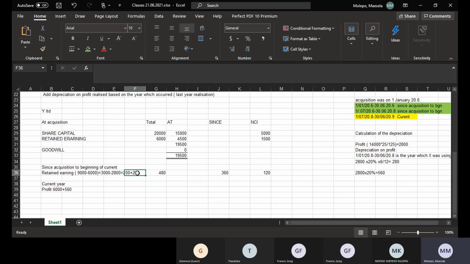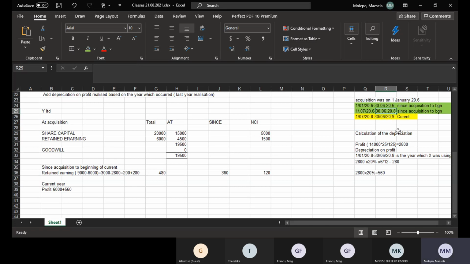But on that side we added 280 because the 280 was only the 6 months part that was used since acquisition to the beginning of the current year, the 6 months from 1 January 2007 up to the 30 June 2007. But the 560 comes from the period it was used from 1 July 2007 up to the 30 June 2008.